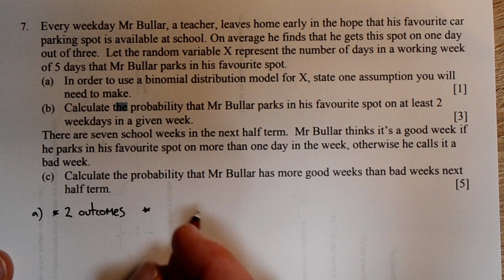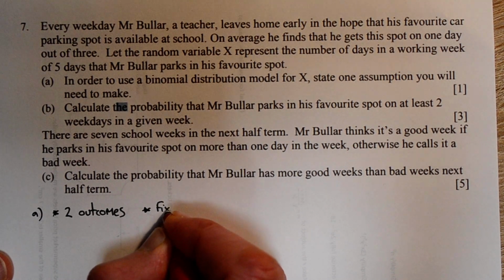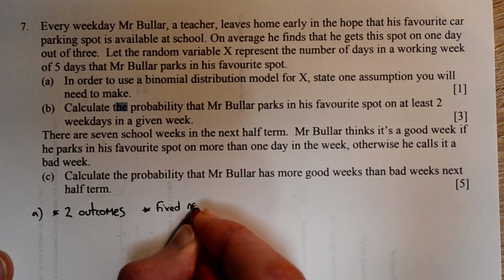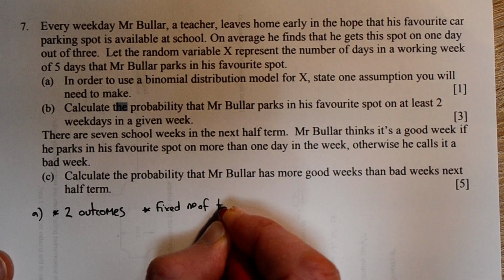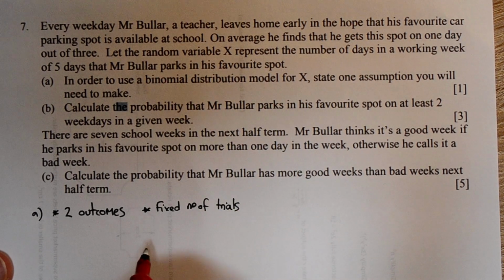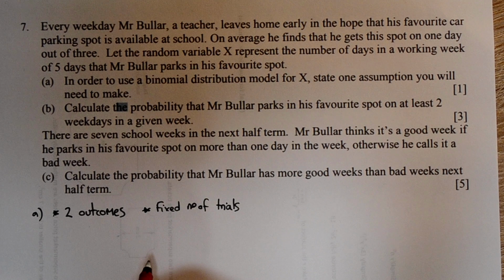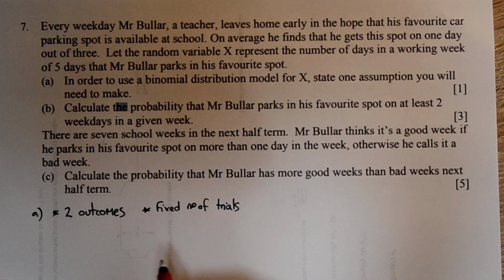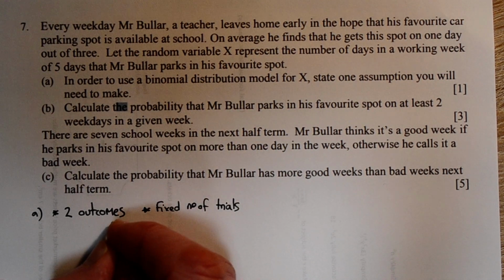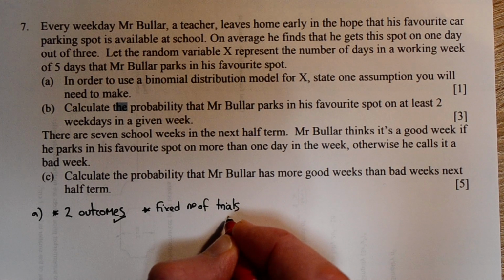There needs to be a fixed number of trials. So far we're fine on these. 2 outcomes: he either gets his parking place or he doesn't. Number of trials is 5 in a working week.